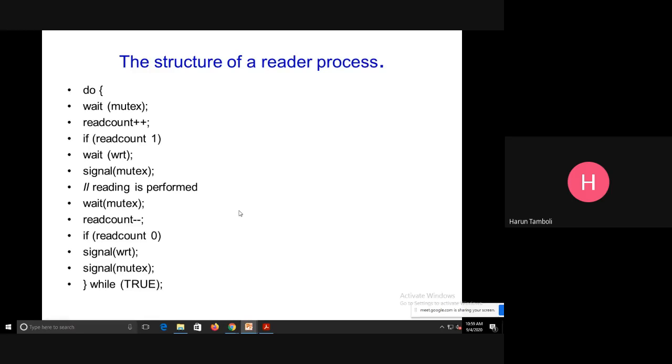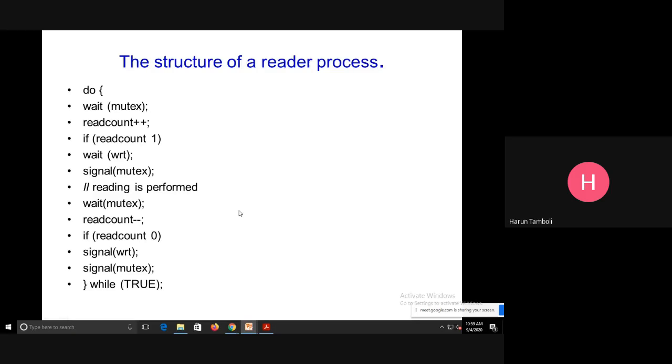Then for the read count, it will perform a wait operation on the mutex variable and increment the count. If the count is 1, then it will perform a wait operation on the write variable, so other processes are restricted from writing. Then it will perform signal operation on mutex so that other processes can enter for reading. After that, it performs the reading operation.